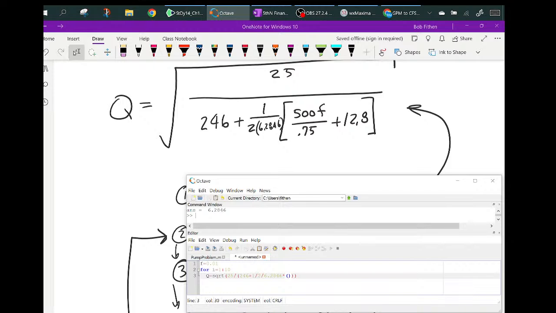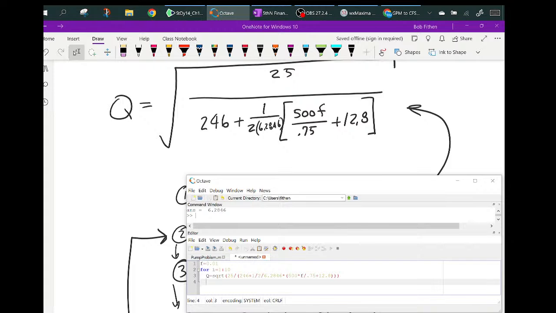So I'm going to take the first number, 500 times F divided by 0.75 plus 12.8. So I got a Q, right?